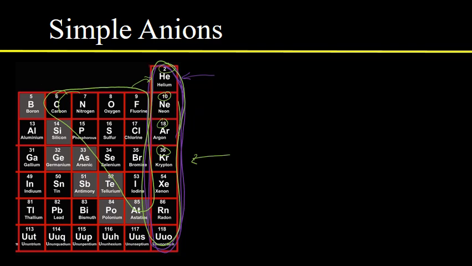So for example, fluoride, if we have a fluorine atom, the atomic number is 9, which means it has 9 protons and 9 electrons. But it can have the same number of electrons as neon if it gains 1 electron to become a negatively charged ion.